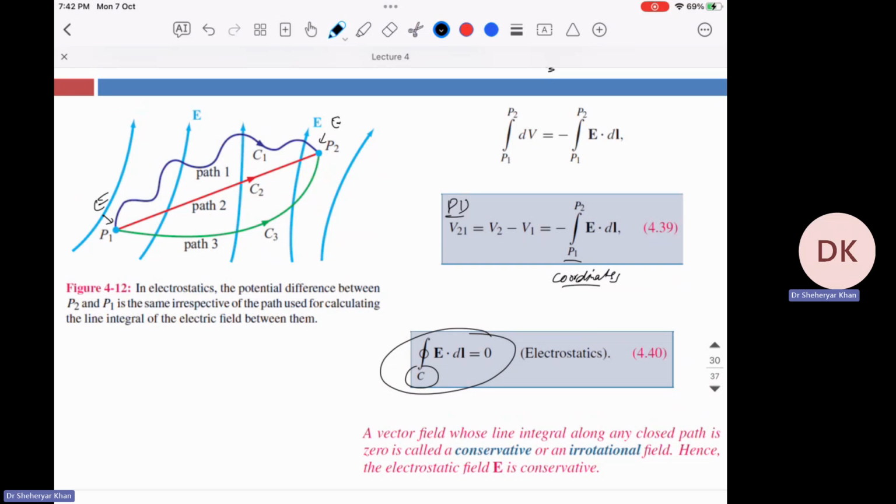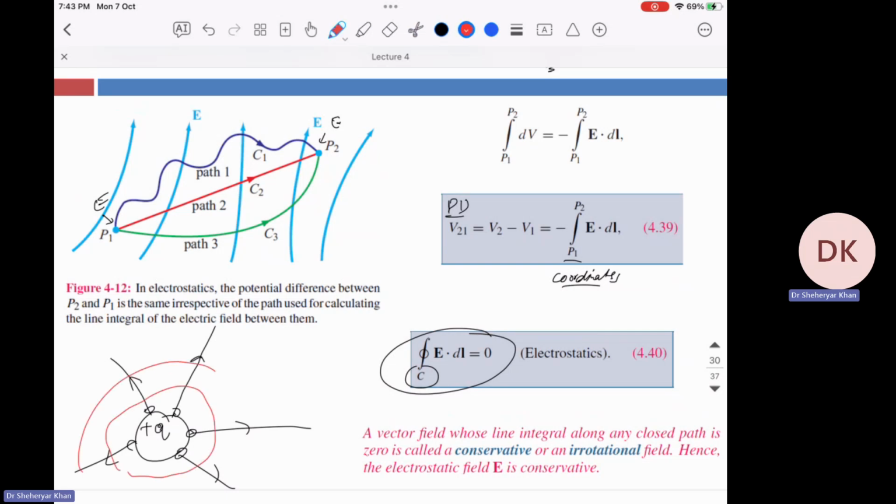Now, what does it physically mean? Let's say you have some charges here, then you have an electric field here. Remember, this should be perpendicular. Sometimes we call these equipotential surfaces, as I told you.